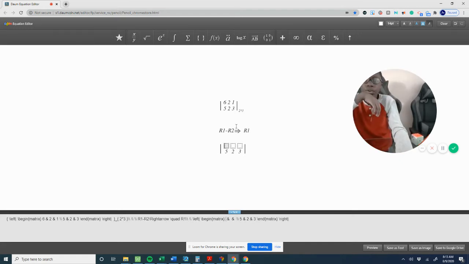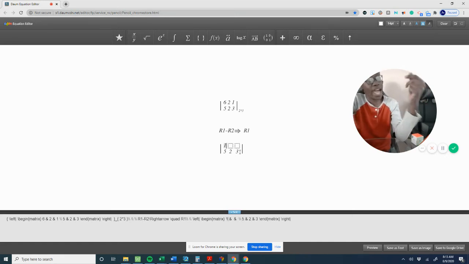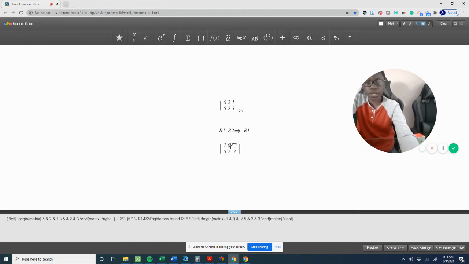We have R1 minus R2. That gets us 1, and that 1 means the coefficient of x. We've eliminated y, so this row is going to have 0 on top. And then the final one, we're subtracting these: 1 minus 3 is negative 2.